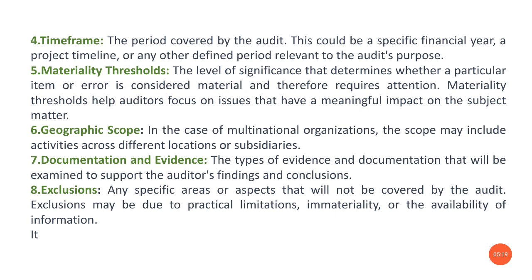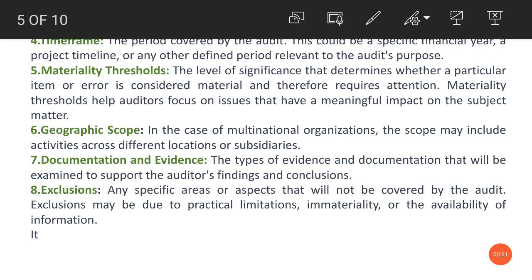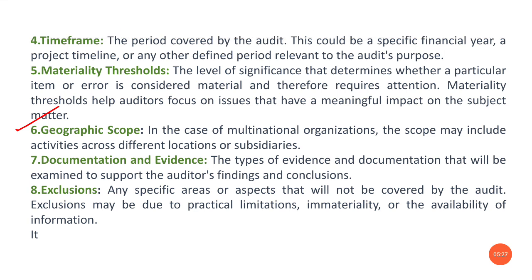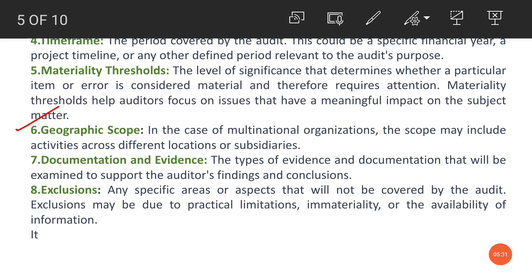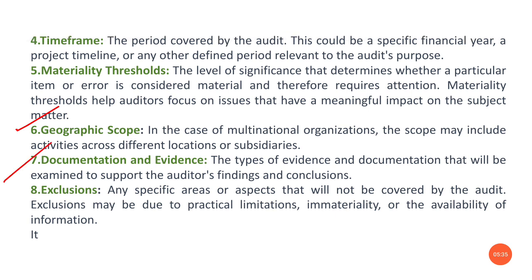Geographic scope. In the case of multinational organizations, the scope may include activities across different locations or subsidiaries. 7. Documentation and evidence. The type of evidence and documentation that will be examined to support the auditor's findings and conclusions.